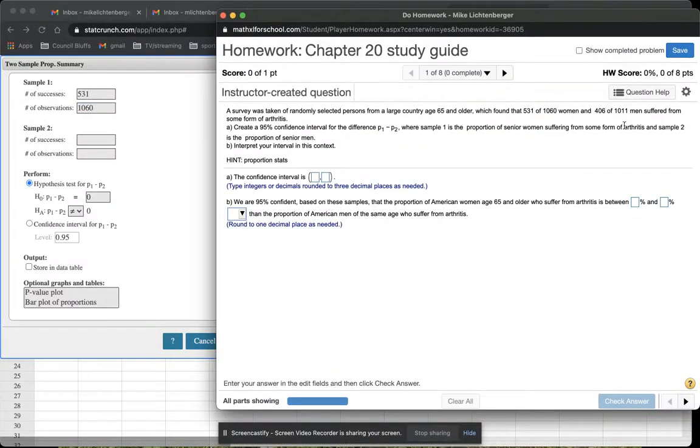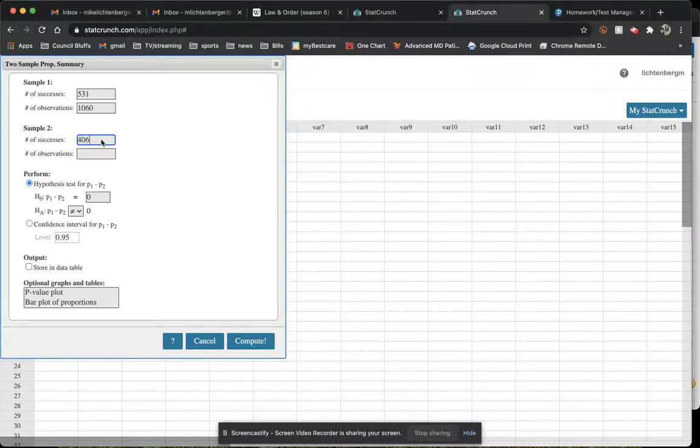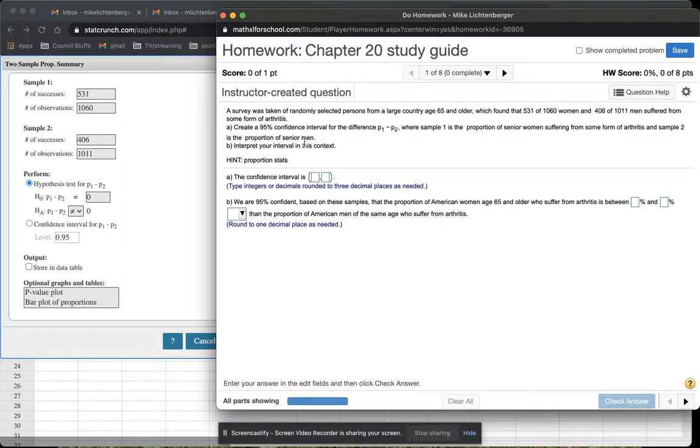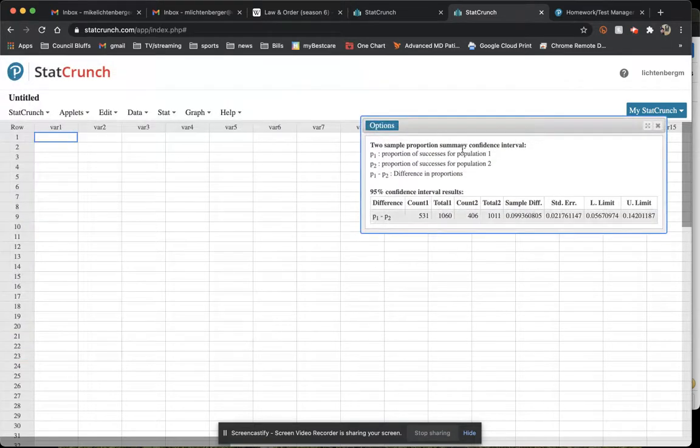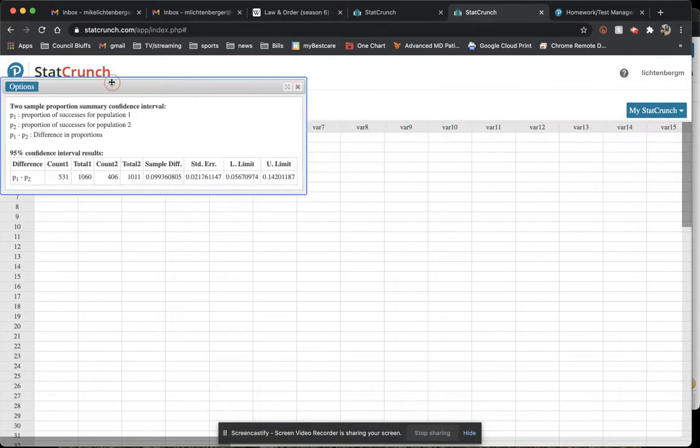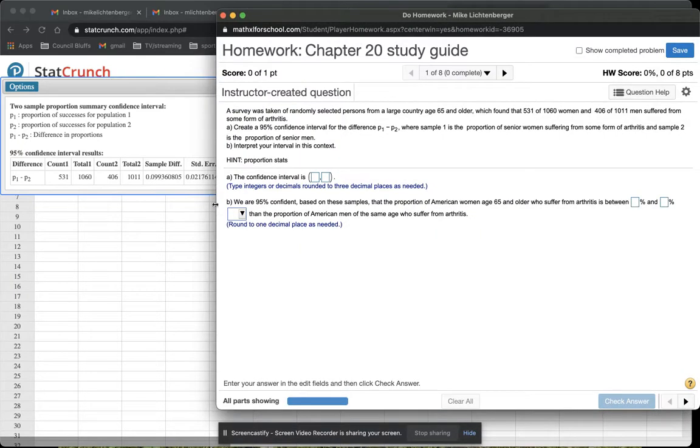And then sample 2, which is men, will be 406 out of 1011. And we want a 95% confidence interval, so 0.95. And we're going to compute. And we have our answer here.